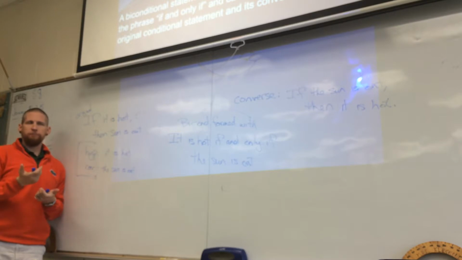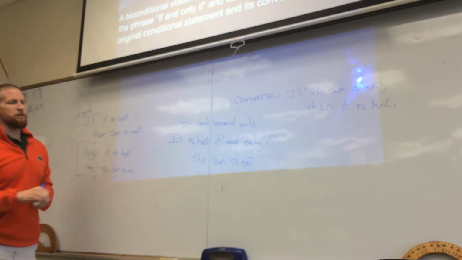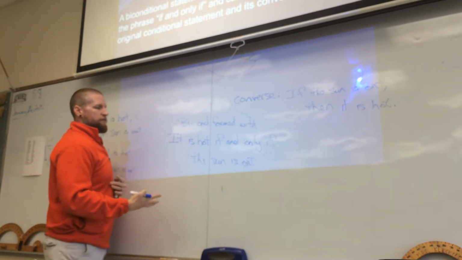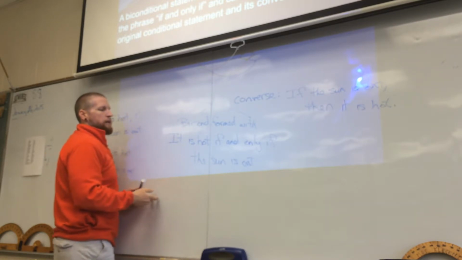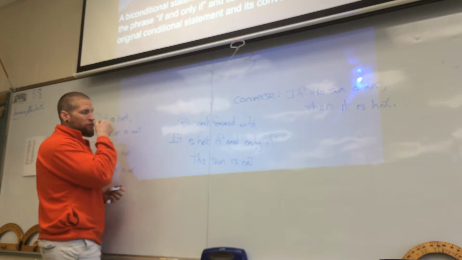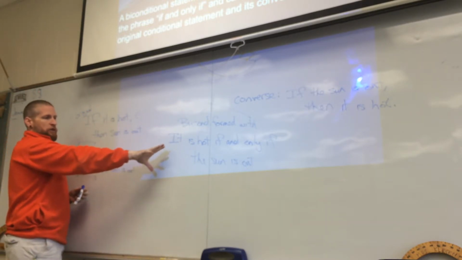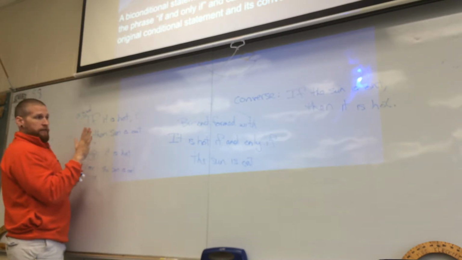Does the sun have to be out for it to be hot? No, I hope not. And vice versa, it doesn't have to be hot for the sun to be out. So since I know that's not really a fact, this would not be a true biconditional, not something you would probably write. I have it written simply so you can see what it looks like, and that's really it.